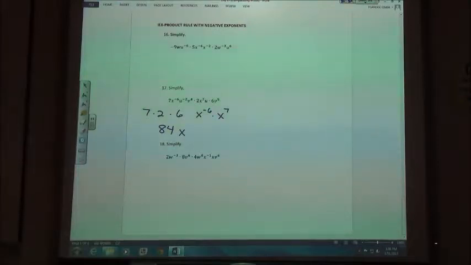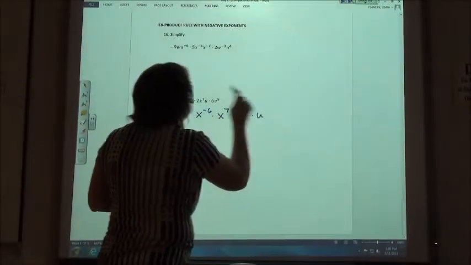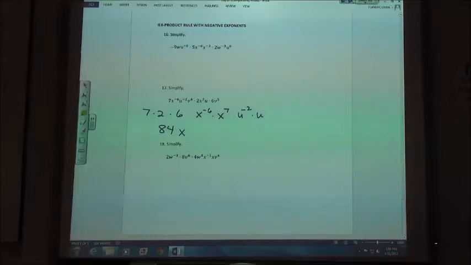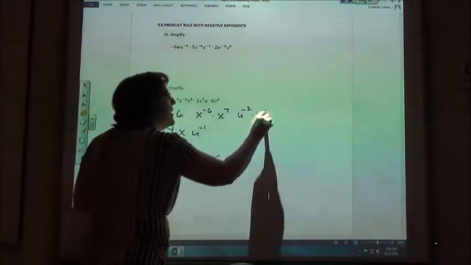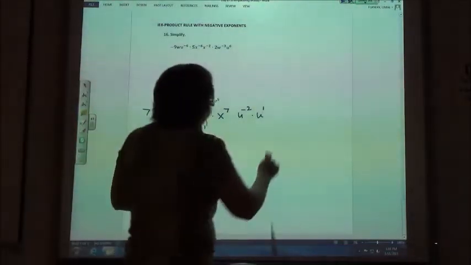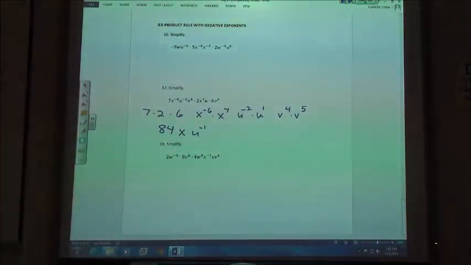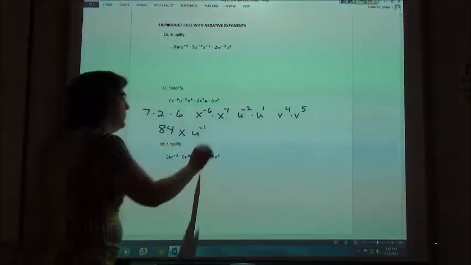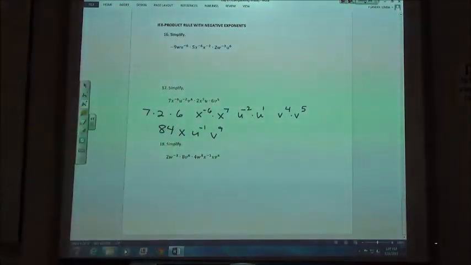X to the first, which is just x. Then I got some u's. I've got u to the -2 and a plain old u. U to the -1? Exactly, u to the -1, because I take -2 plus 1, which is -1. And then I've got some v's. I've got v to the 4th and v to the 5th. V to the 9th.